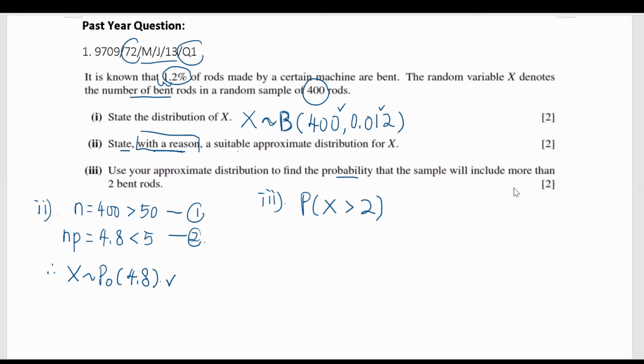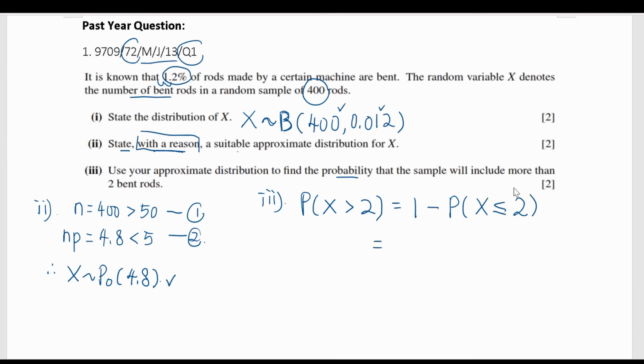For the Poisson distribution, we will not be able to calculate the probability that X is greater than something directly. So what do we do? We take 1 minus the probability that X is less than or equal to 2.